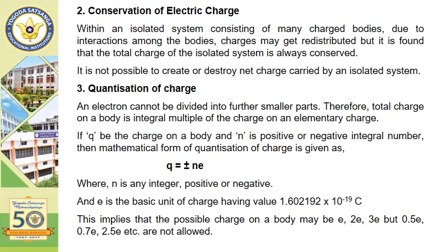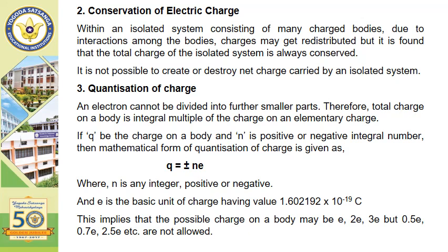It simply means that the possible charge on a body may be e, 2e, 3e, meaning 2 times the basic unit of charge, 3 times the basic unit of charge, but a fraction times the basic unit of charge is not possible, and hence I have written here 0.5e, 0.7e, 2.5e are not allowed.